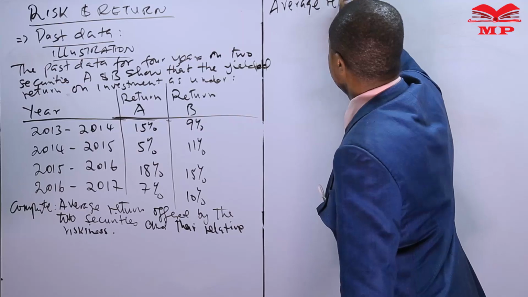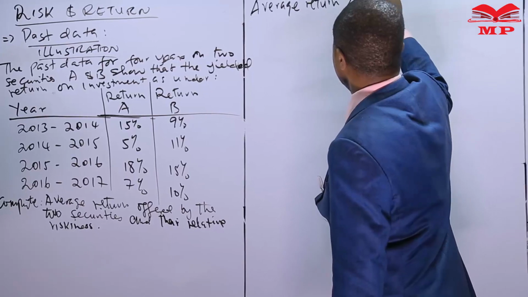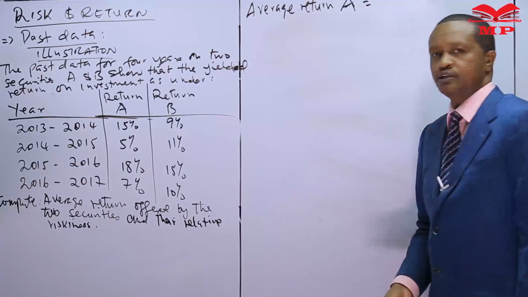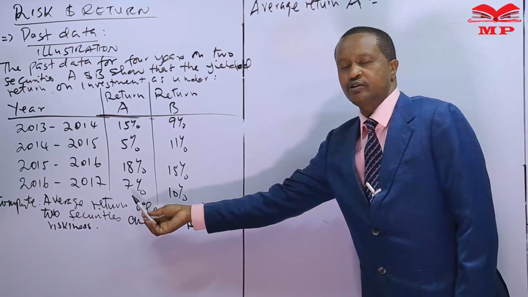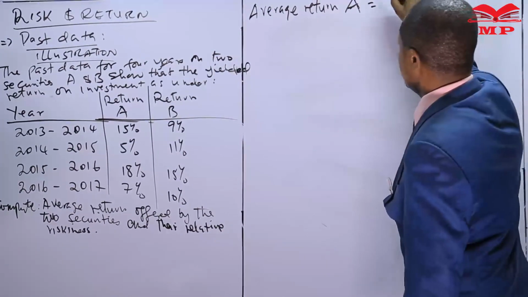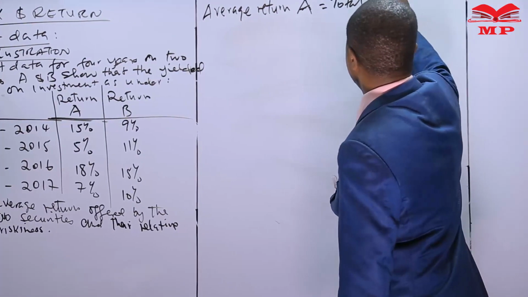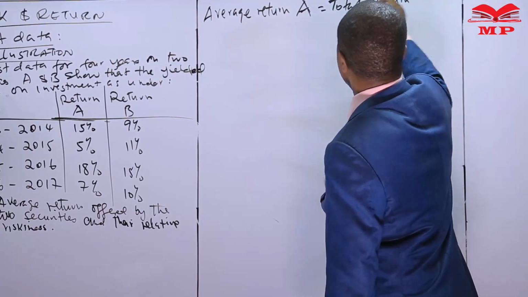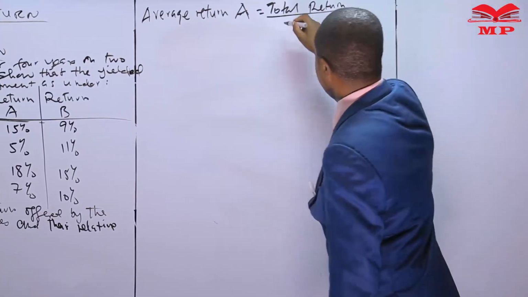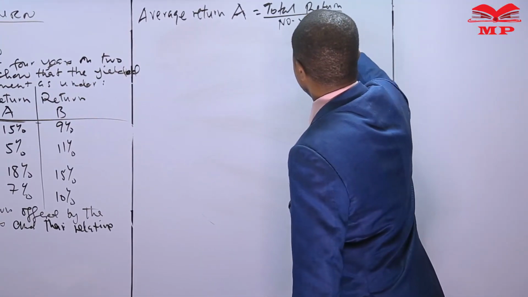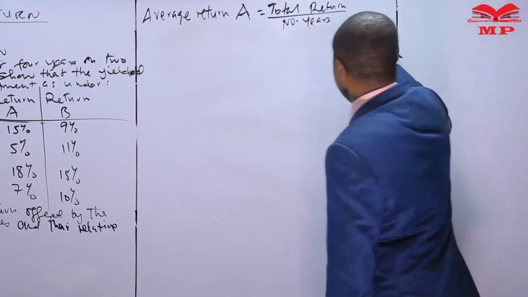The average return for security A will be equal to the total return cumulatively over the number of years. That will give us the average return.